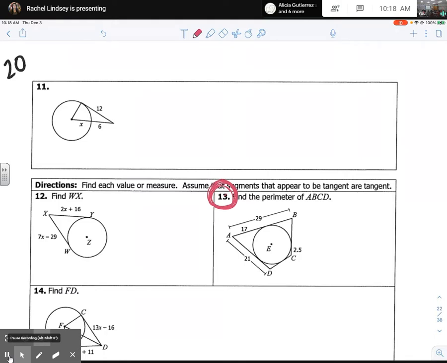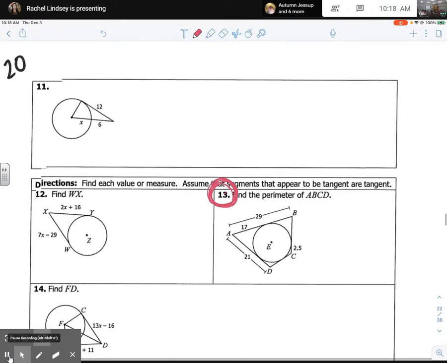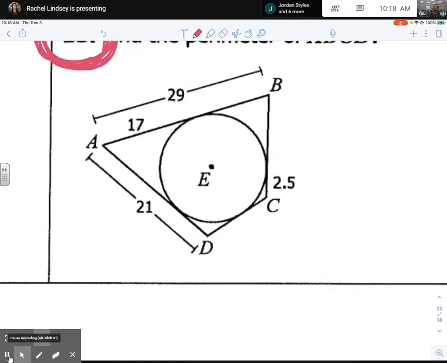So what it wants you to do is find the perimeter of that quadrilateral that has the circle inside of it. So, what would each of those lines be on this circle? What kind of line is that? A tangent. Tangent, tangent, tangent. What do we know about these two parts if they're tangents?